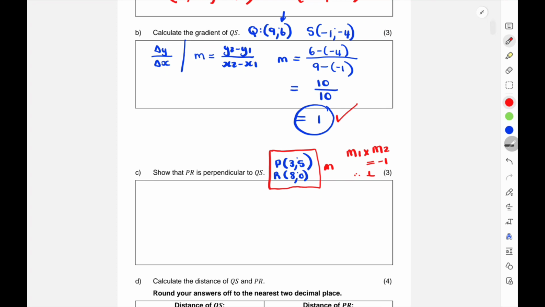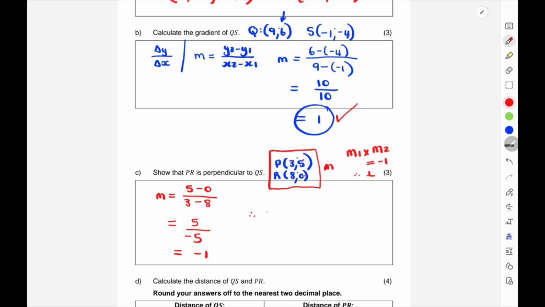So now the gradient of PR is change of y over change of x. Please remember, if you start here: 5 minus 0 over 3 minus 8. There are no double negatives that I have to be careful of. 5 minus 0 is 5, and 3 minus 8 gives you -5, which gives you negative 1.